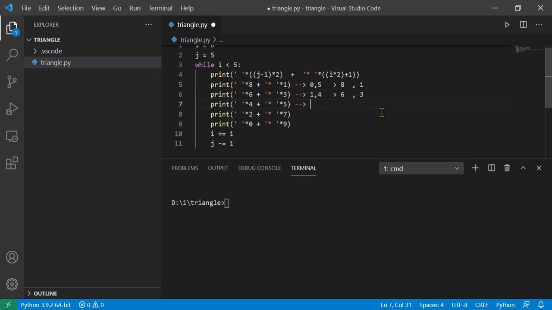Similarly, for the third iteration, the i value is 2, the j value is 3, which is going to give us 4 and 5 for our number of spaces and star space characters.